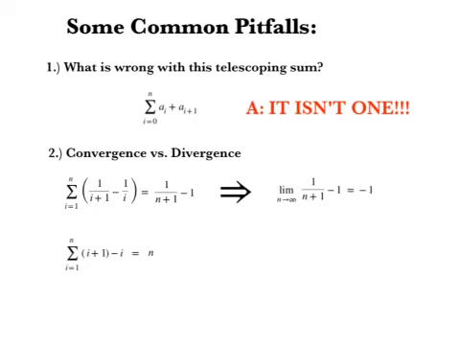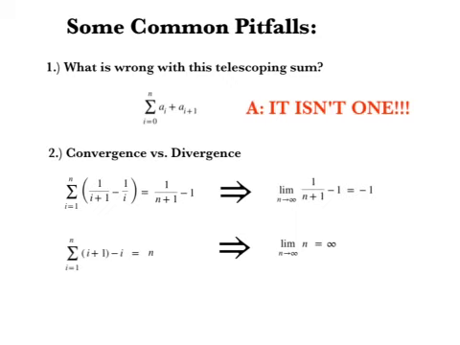So if we took the limit of 1 over n plus 1 minus 1, obviously that goes to negative 1, so there is a finite limit as n goes to infinity. However, in the first example, we found that our summation was equal to n. So it's clear that the limit as n goes to infinity is infinity.